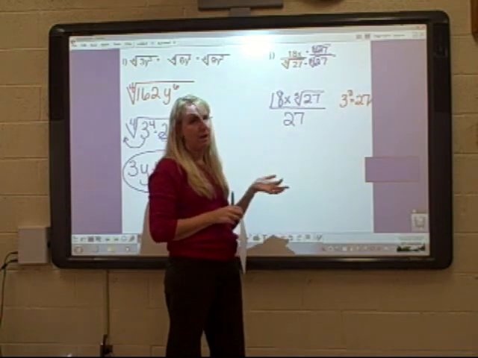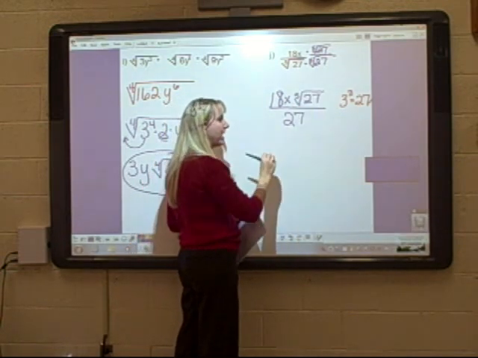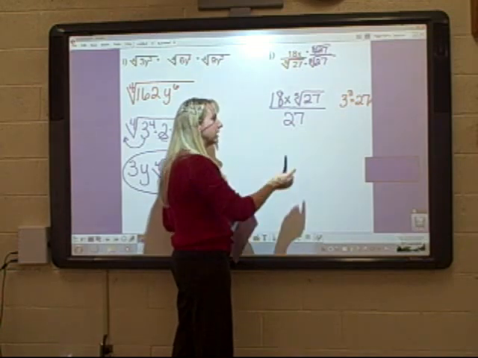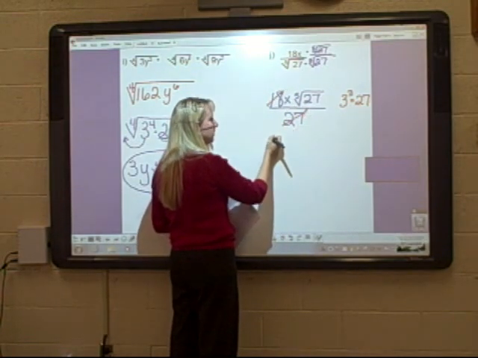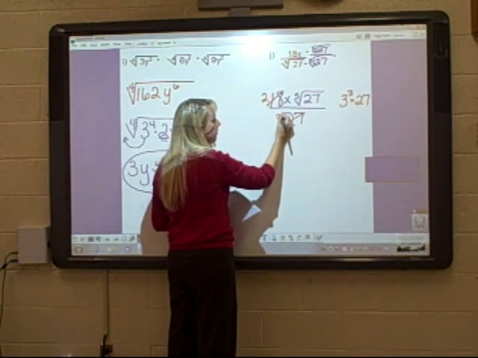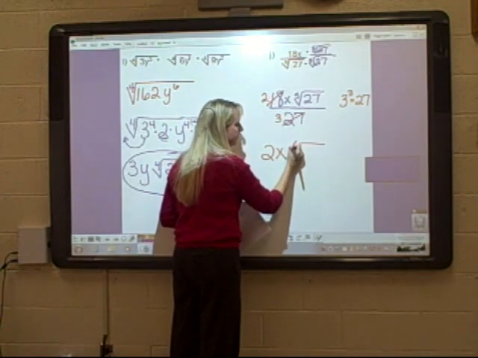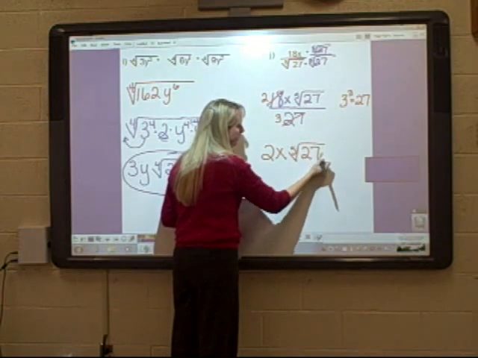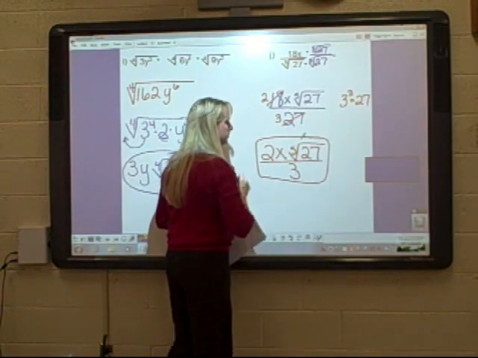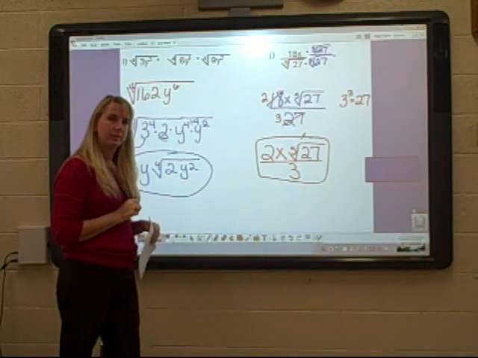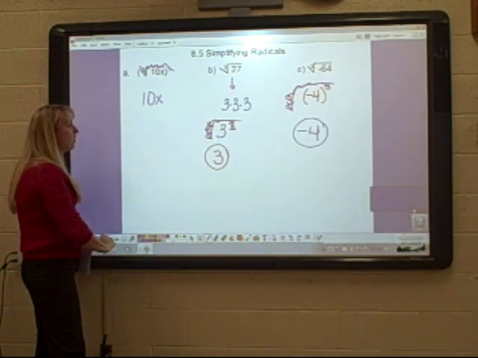So this has to stay the 5th root of 27 because there is no 5th power of anything that can come out. So the next thing I look at after I look at my radical, I can't simplify that, is just my coefficients. Well, 18 and 27, we know 9 goes into both of those. So we end up with 2x, and then the 5th root of 27 all over 3. So the key is to look for your index number.